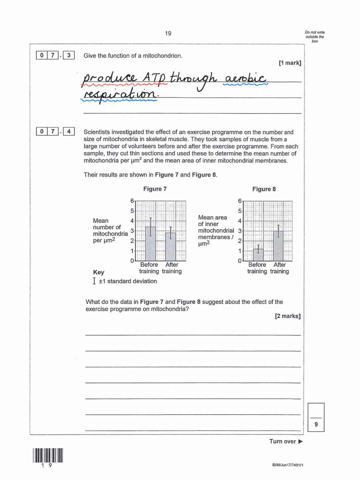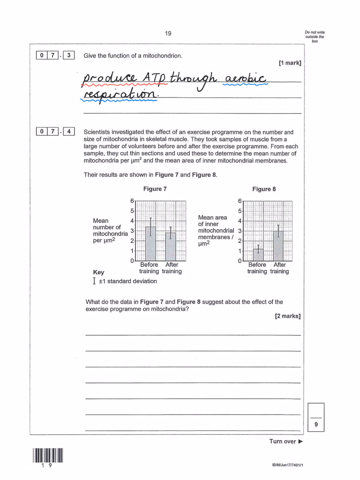Scientists investigated the effect of an exercise program on the number and size of mitochondria in skeletal muscle, so the cells making up the muscles which control the movement of our skeleton. They took samples of muscle from a large number of volunteers before and after the exercise program.